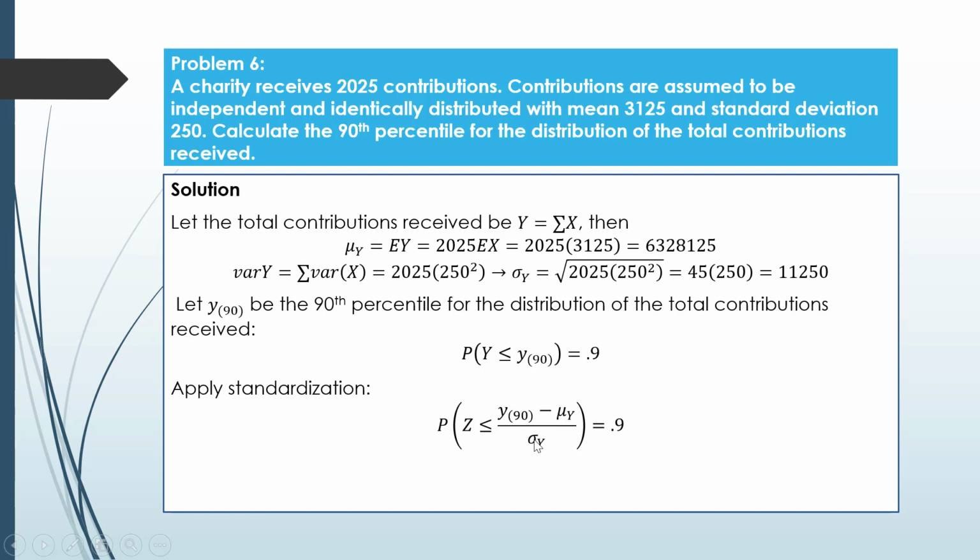So y90 minus mu Y over sigma Y is basically z at 0.9, which is 1.28. So we can find y90 is 1.28 times sigma Y plus mu Y, and this equals 6,342,542. You can write it as 6,343,000 for convenience.